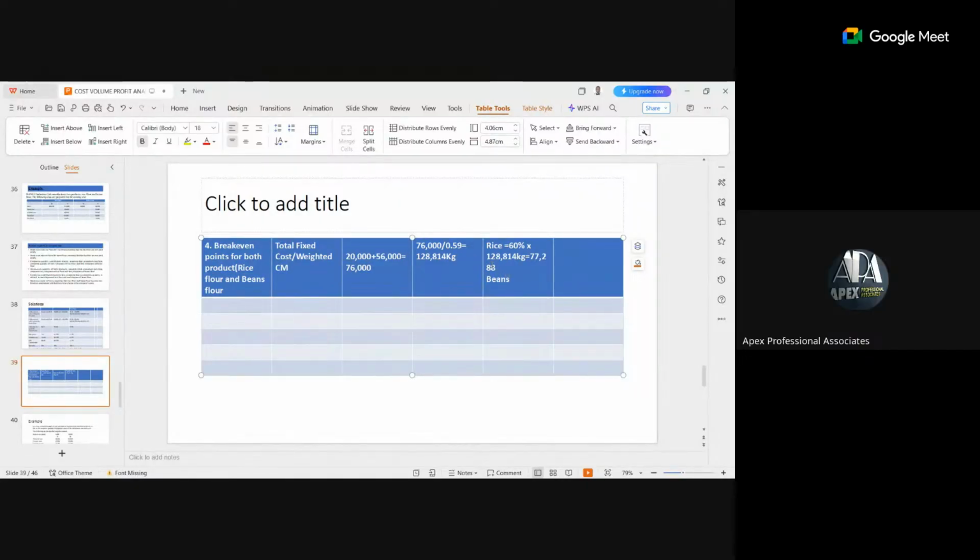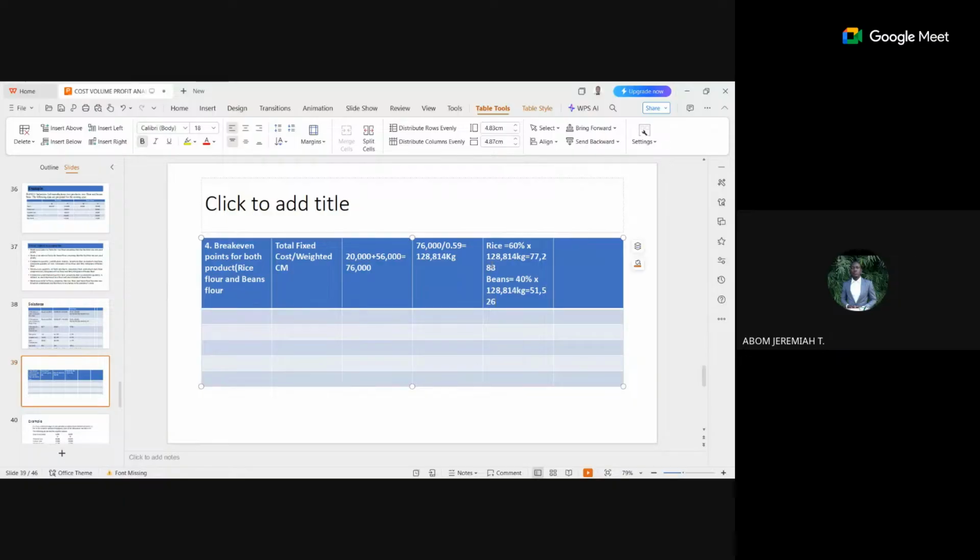For beans, it will be 40%, multiplied by 128,814 kg, and the result will be 51,525.6.